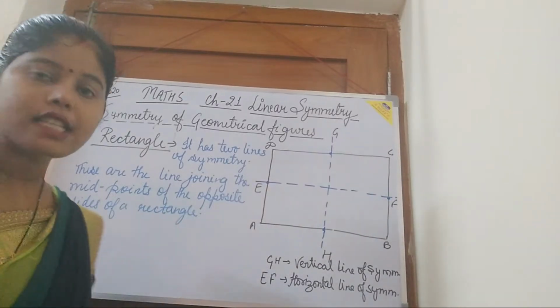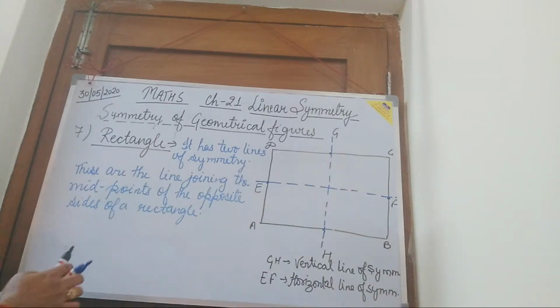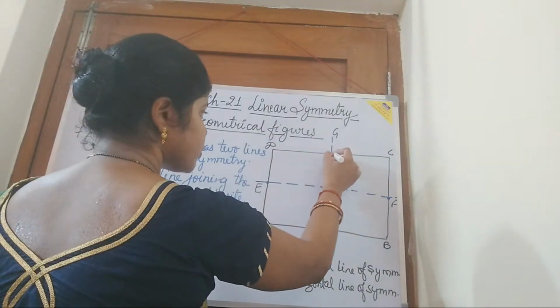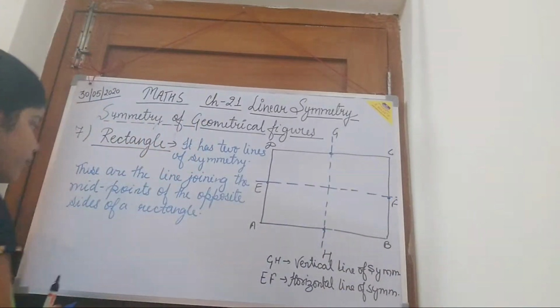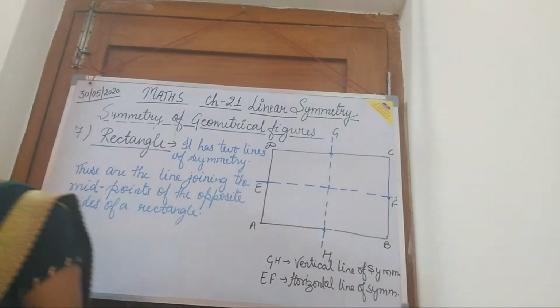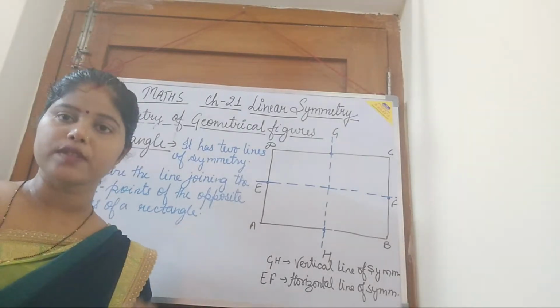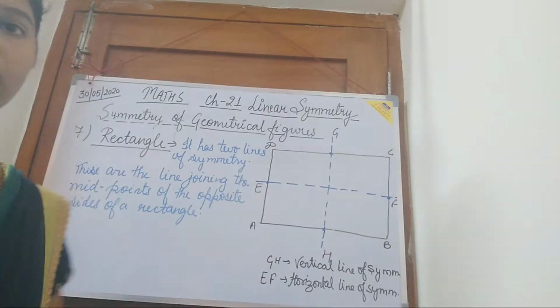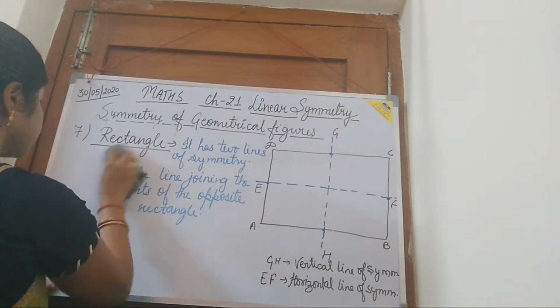So a rectangle has two lines of symmetry, and these are the lines joining the midpoints of opposite sides of a rectangle. So the next figure is a square. Now the next one is a square.